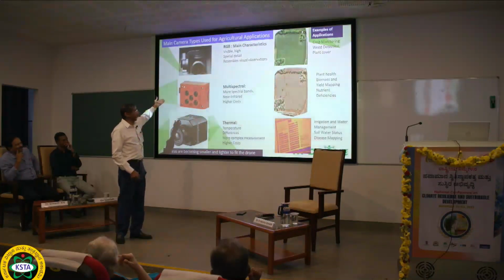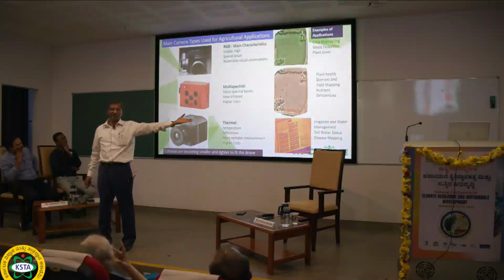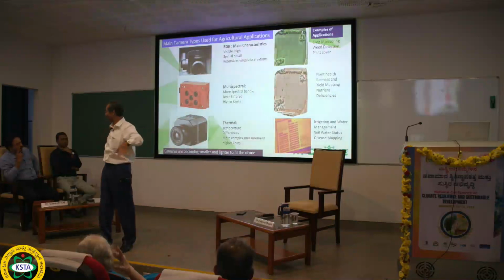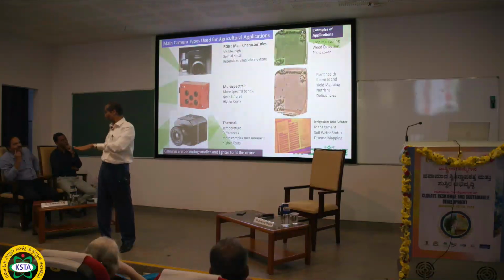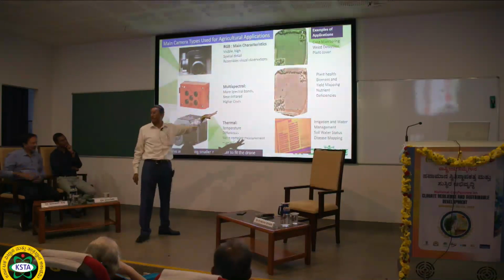So a camera, in fact, camera is the best one, so that what you see can be seen on the field. But for identification of the different crops, and also identification of the health of the crop, and also the water status, it is always better to go for the multispectral band.